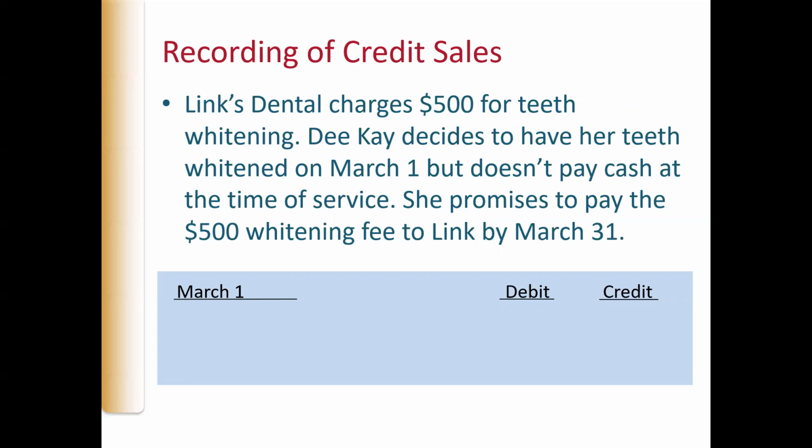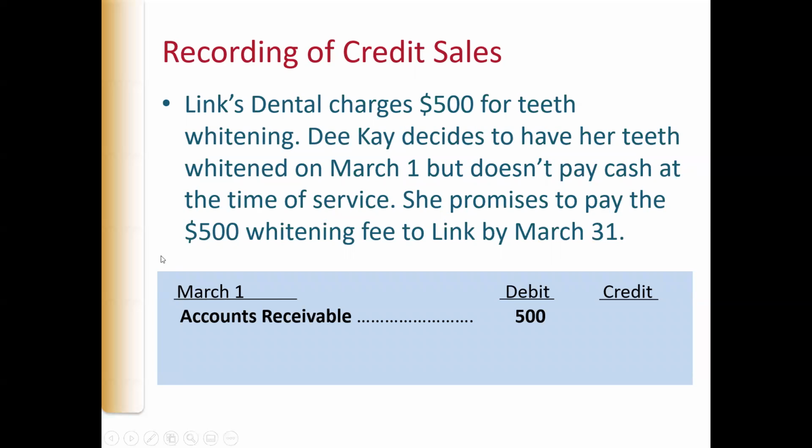So here's an example. An example could be Link's Dental charging $500 for teeth whitening. DK decides to have her teeth whitened on March 1st, but doesn't pay cash at the time of her service. But she promises to pay the $500 whitening fee to Link by March 31st.